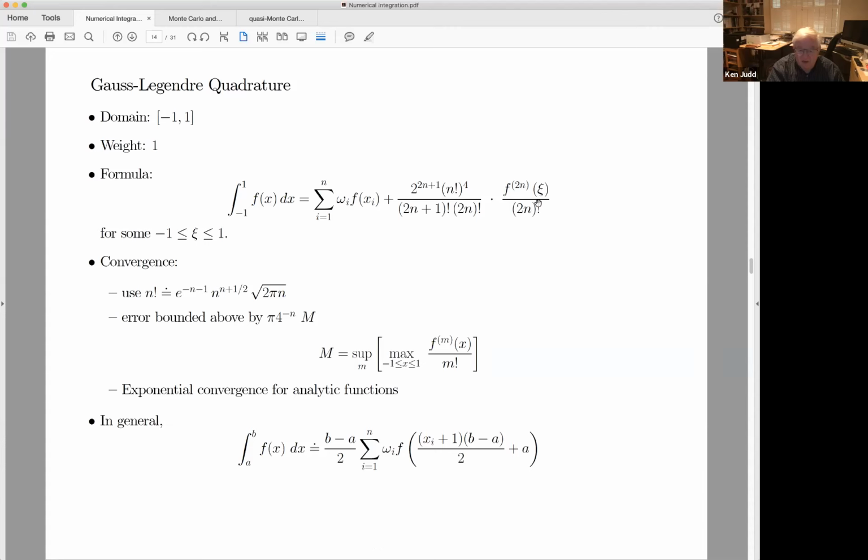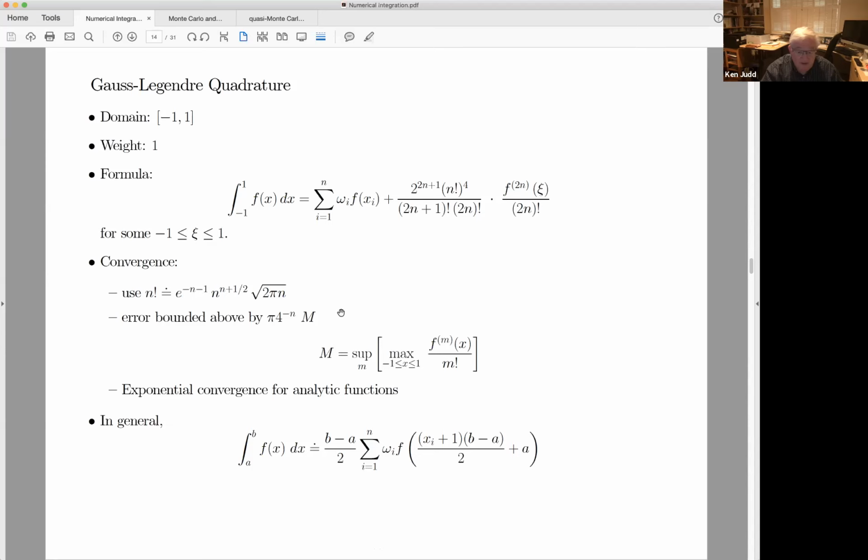So suppose this is bounded, which is not a big requirement. Then what this says is that the error is going down to 0 very rapidly, because this is n factorial to the 4th, and this is just basically like 2n factorial times 2n factorial. So anyway, this goes to 0 quickly.